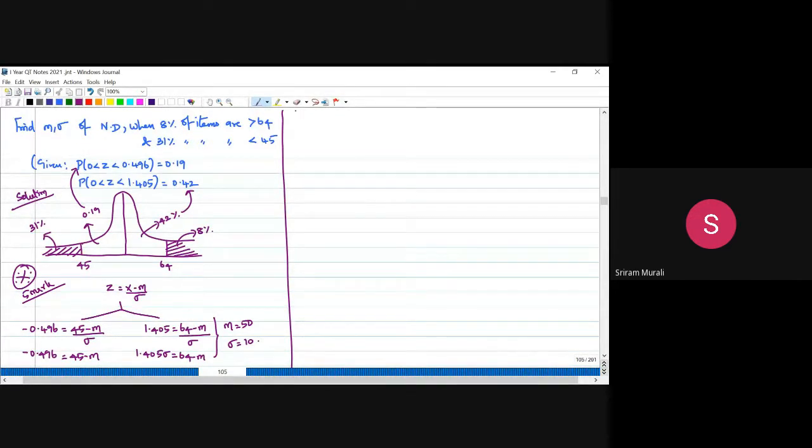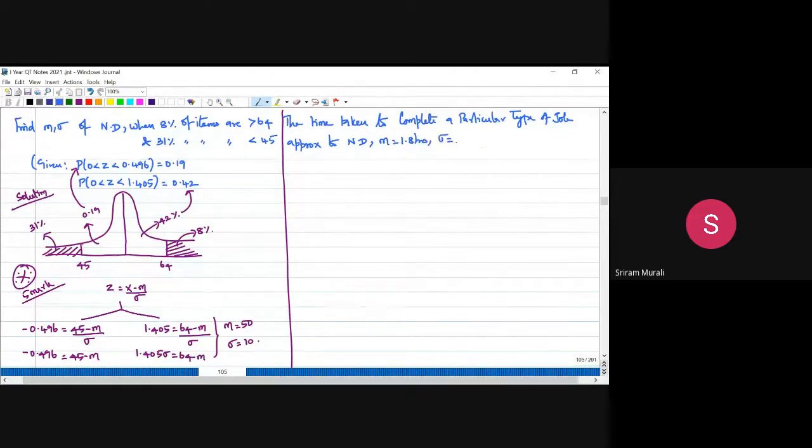The time taken to complete a particular type of job is approximated to normal distribution with the mean 1.8 hours, standard deviation.